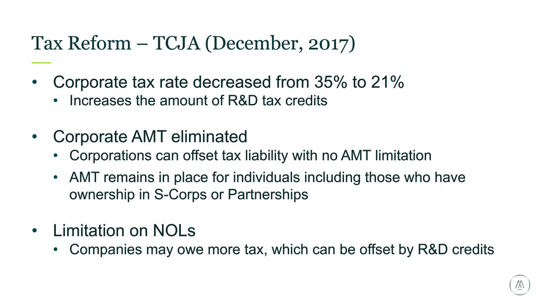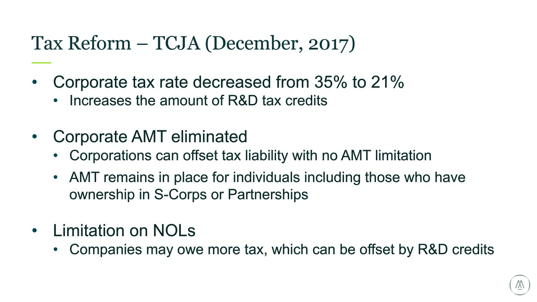So the most recent tax reform, the Tax Cuts and Jobs Act, is the largest tax cut in American history, but it retains the R&D credit in its current form. There are several features of this act that could have a profound impact on companies that claim R&D credits and the ability to deduct research expenditures. The TCJA, as it's known, is effective for tax years beginning after December 31st of 2017.